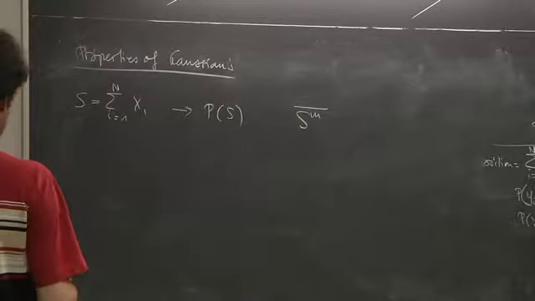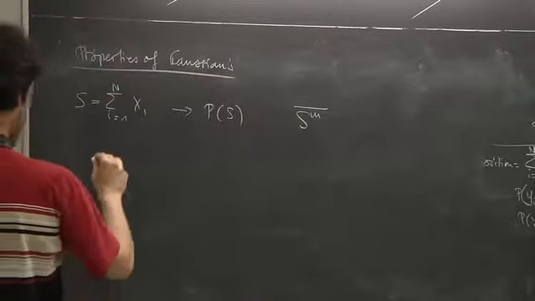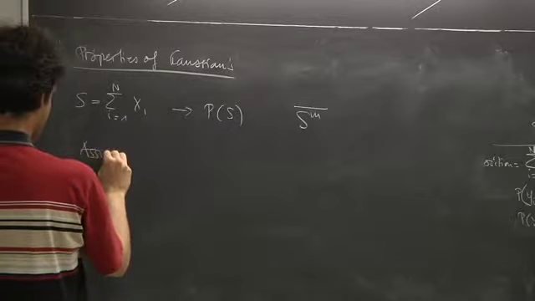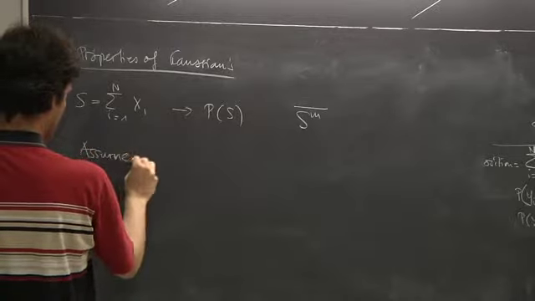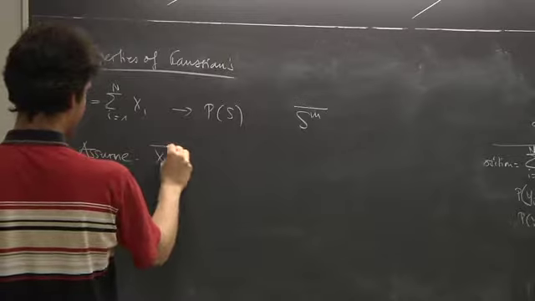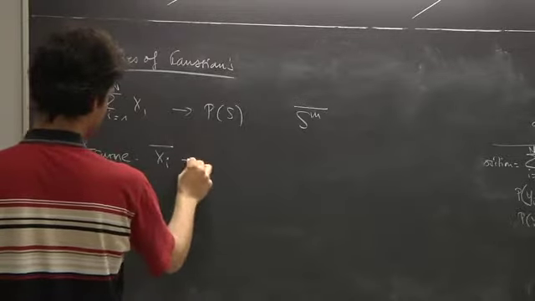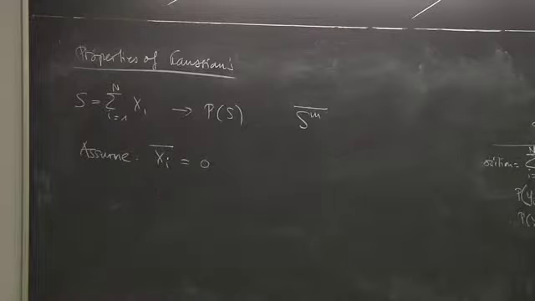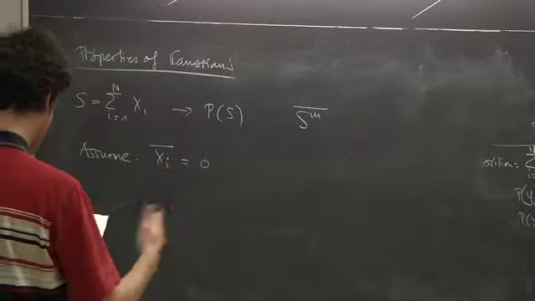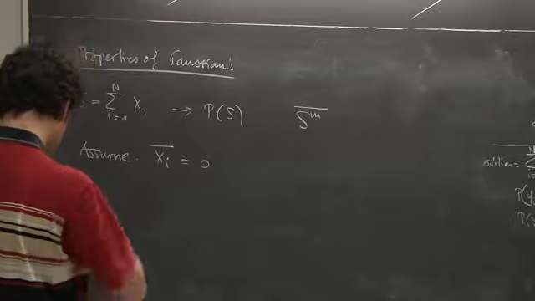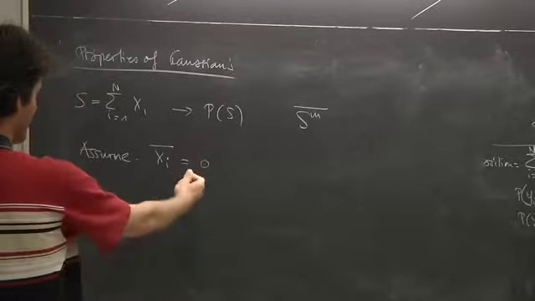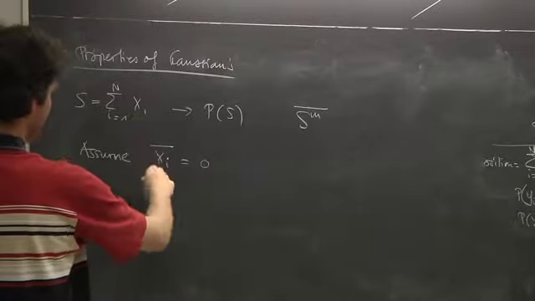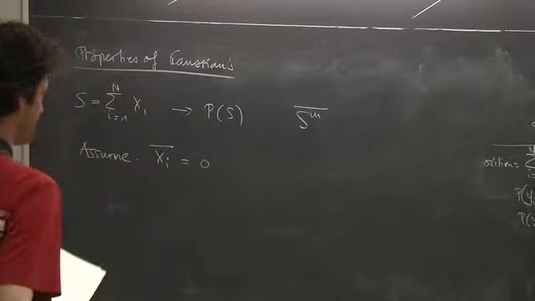Let me simplify to the case where the expectation value of all these x is 0, so they have zero mean and just fluctuations. Of course, you can always shift by the mean to achieve that.